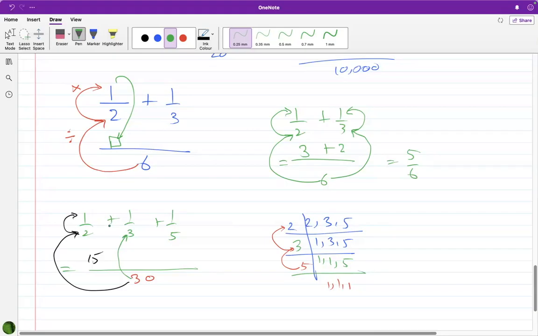And the sign comes in between them. Last one: 30 divided by 5 is 6, and 6 1 times is 6. Last step: 15 plus 10 plus 6 is 31 by 30. Complete.